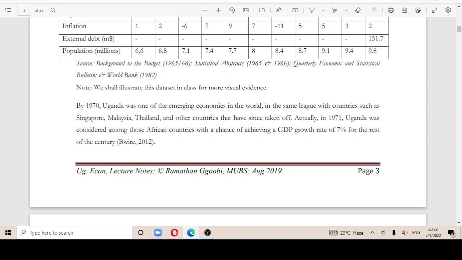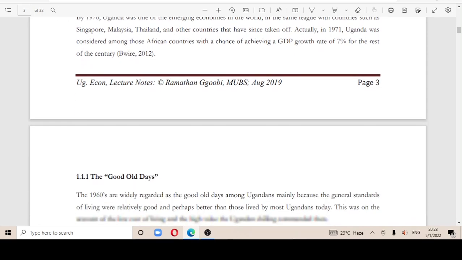They are saying that in 1971, Uganda was considered among those African countries with a chance of achieving a GDP growth rate of 7% for the rest of the century. That is what was being assumed by 1971, because in 1972, that is when Idi Amin came in and put the economy at a cost.